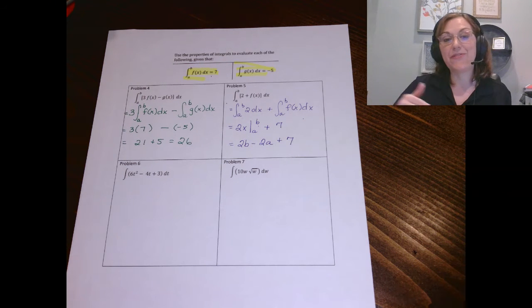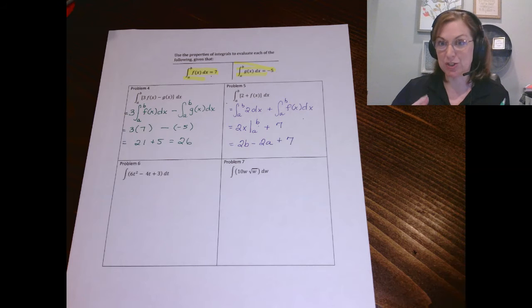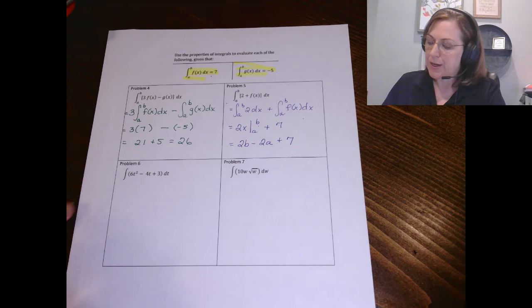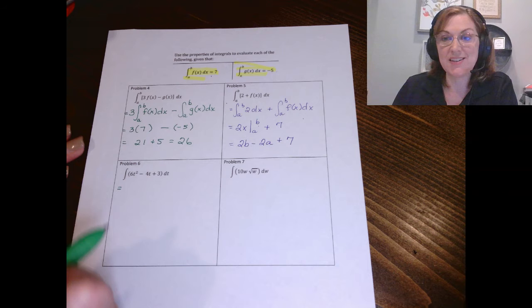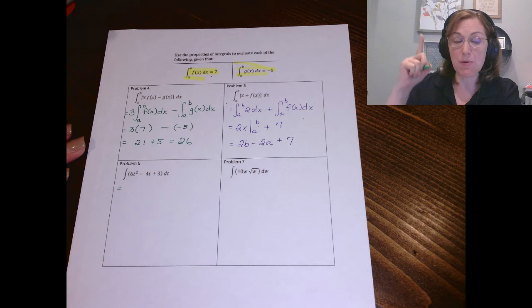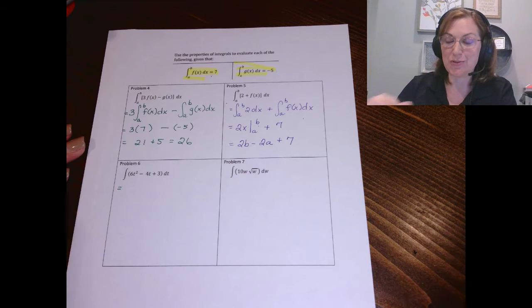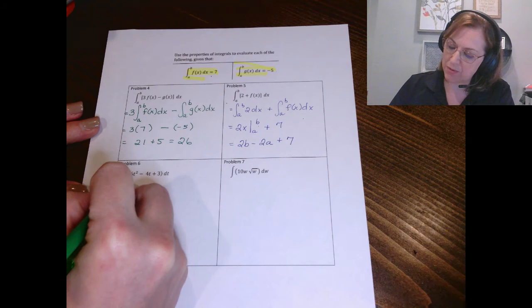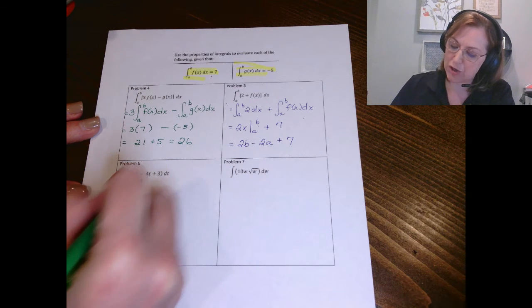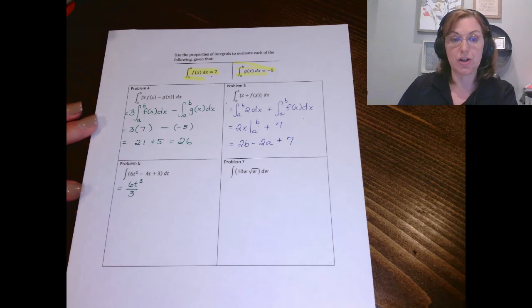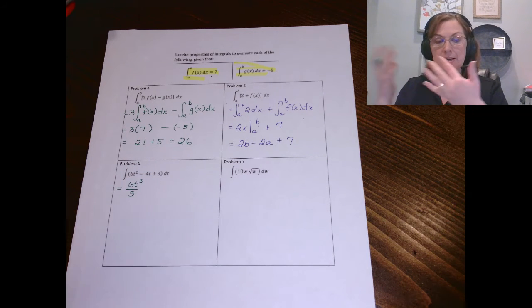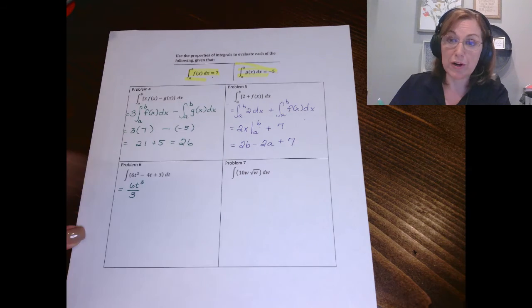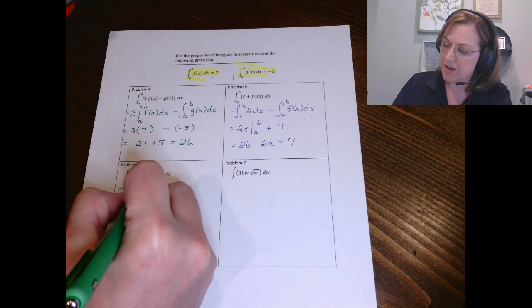All right, and then let's finish up the last two problems here with just some really good antiderivative work. So remember, when you take the antiderivative, you increase the power by 1 and you put it over the new power. So the antiderivative of 6t squared would be 6t to the third divided by the third. See, I increased the power by 1 and I put it over the new power. We'll worry about simplifying here in a moment.